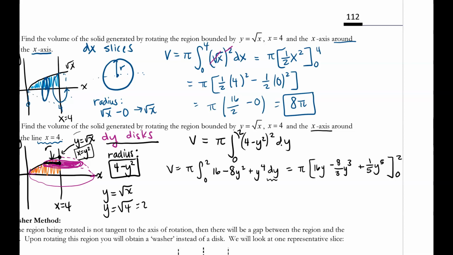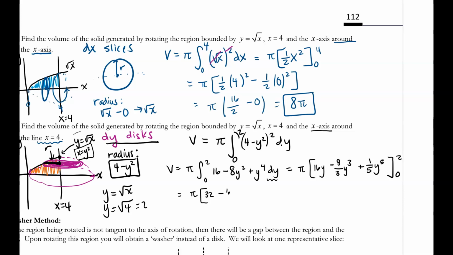So we're going to now plug in the upper limit and the lower limit and find the difference. So I'm going to keep pi hanging out along for the ride. 16 times 2 is just 32. 2 cubed is 8. So negative 8 thirds times 2 cubed, 8 times 8 is 64.